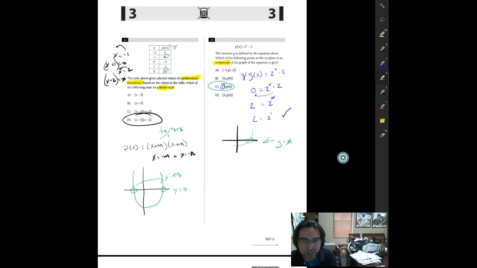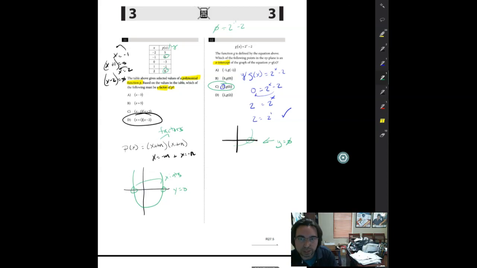If you try to do anything else here, if you put, say, -1 where the x is, 2 to the -1 minus 2 would not be equivalent to 0, because 2 to the -1 is 1/2.